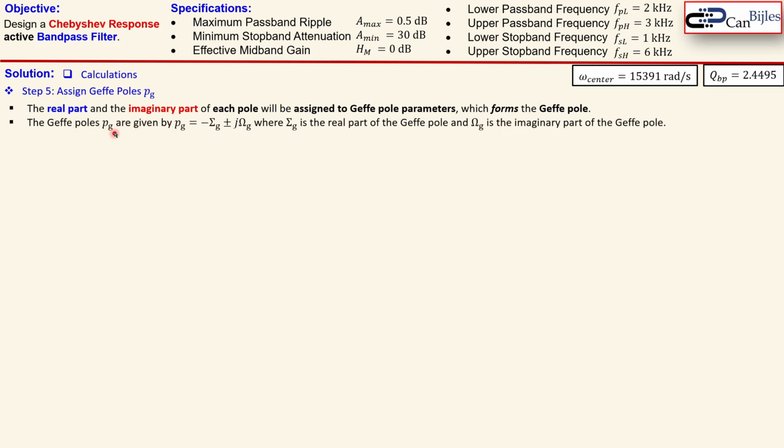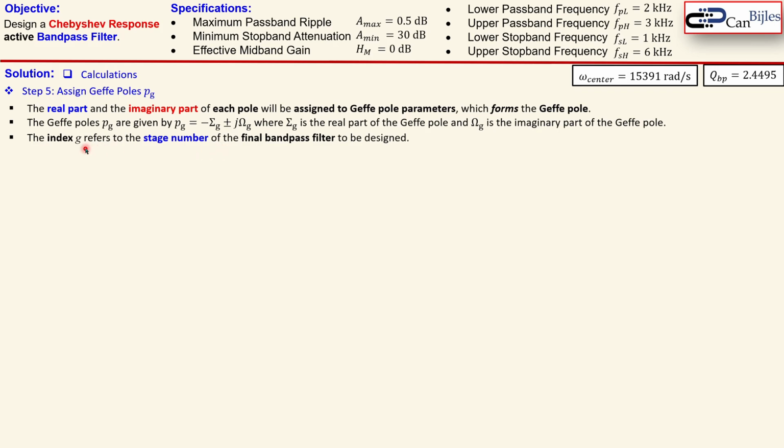The Geffe pole is given by P sub G, and that is given by the capital letter sigma and the capital letter omega, which are found from the real part and the imaginary part of our poles. That's also shown here: the real and the imaginary value for the Geffe poles. Index G refers to the stage number of the final bandpass filter to be designed.